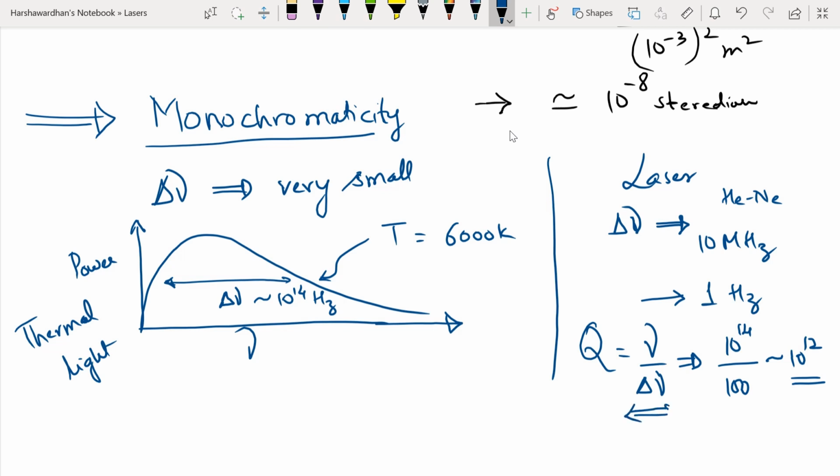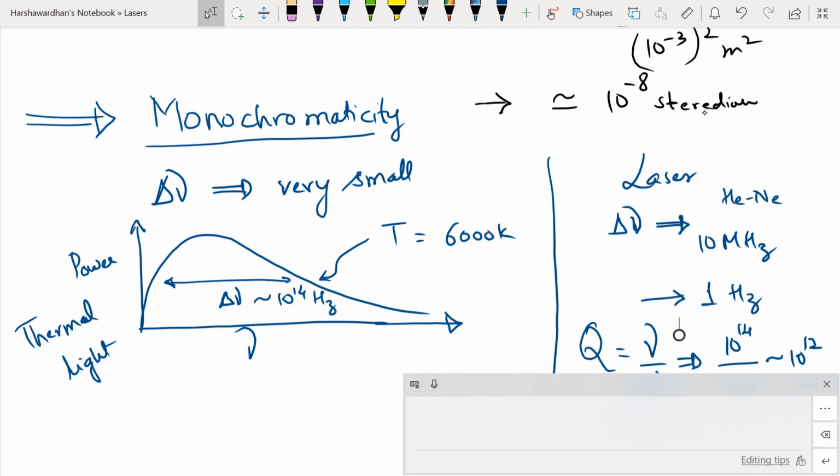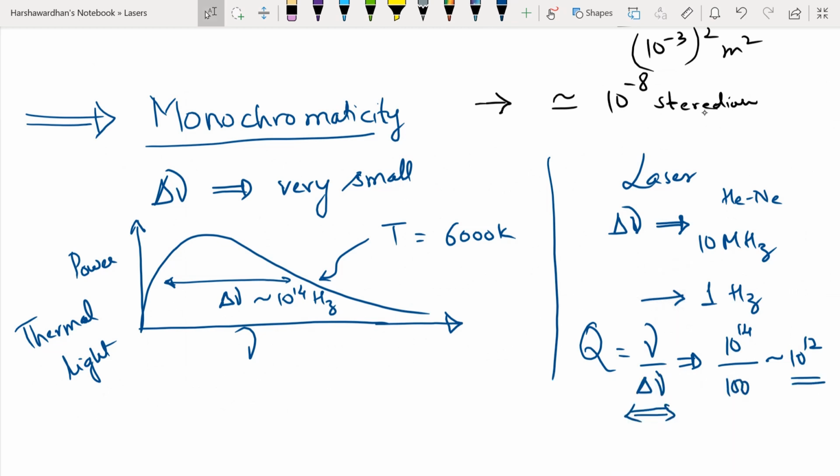A point to note is that this large monochromaticity is because of the high quality cavity used to confine the radiation. It's this cavity that enforces the extremely narrow line width of the laser, and we'll of course come back to that as we go ahead.